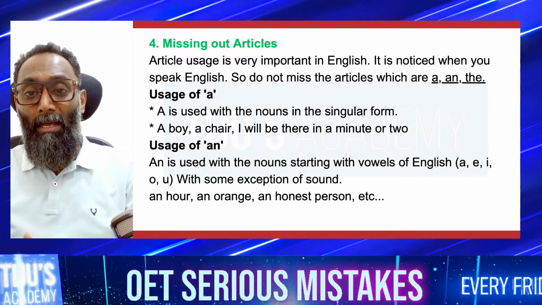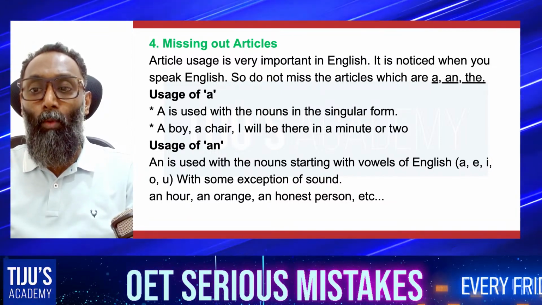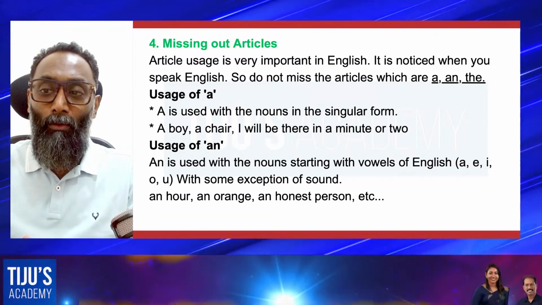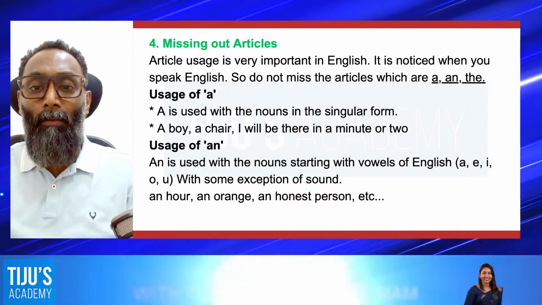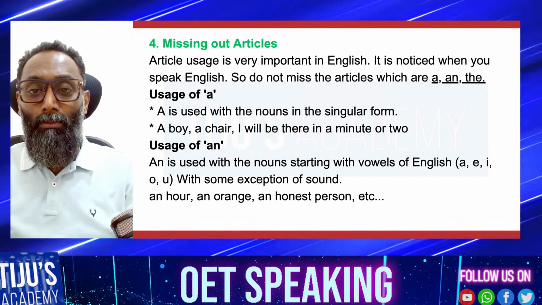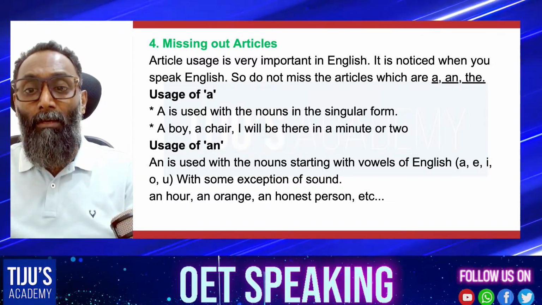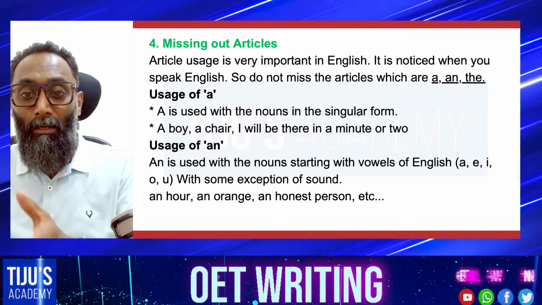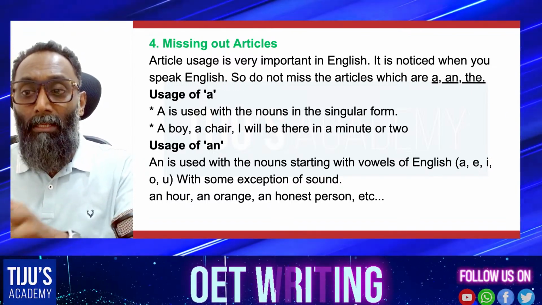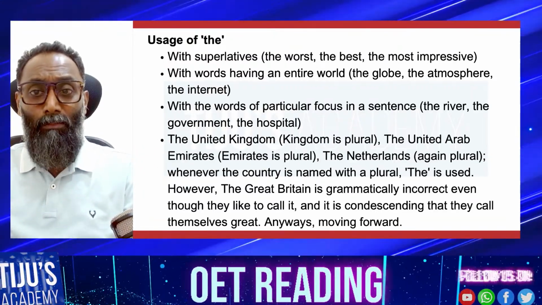And an is used with a noun starting with the vowels of English: a, e, i, o, u. The remaining letters are consonants. So when a noun starts with a, e, i, o, u, it has to go along with an instead of a. There are some exceptions based on sound, like an r, an orange, an honest person, etc. Right? So exceptions are there as well.